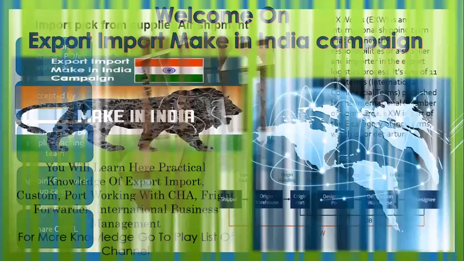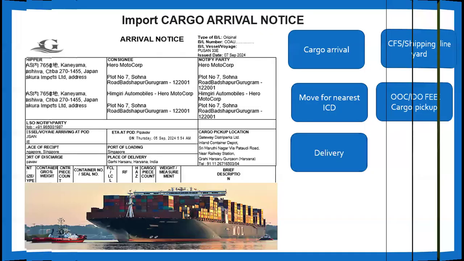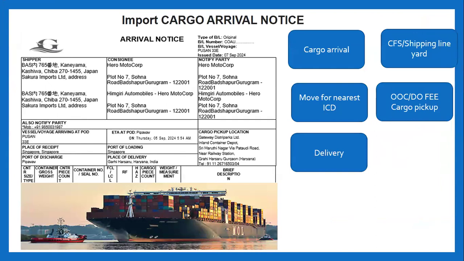All these charges need to be paid to pick up the container from this ICD, this CFS. Once we pay the shipping line charges, then we can take the container. Also, once we pay the customs duty, then we pick up this cargo from this location.